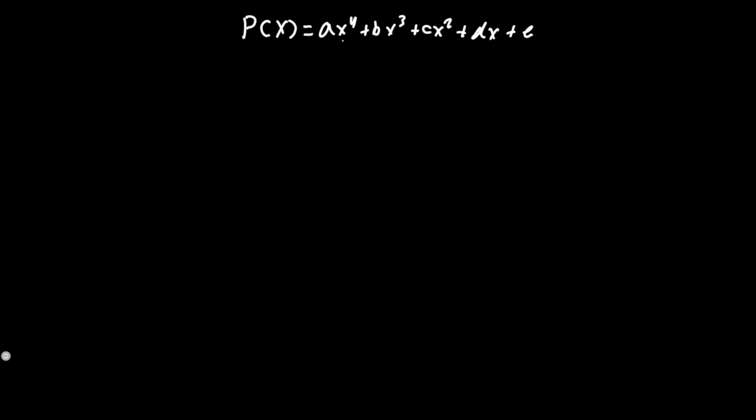So Ferrari pretty much decided to depress the quartic so that we get a depressed quartic, and then managed to simply use the advantage of only having one linear term and two even degree terms. But here we're just going to go ahead and use all terms, which is the general quartic.